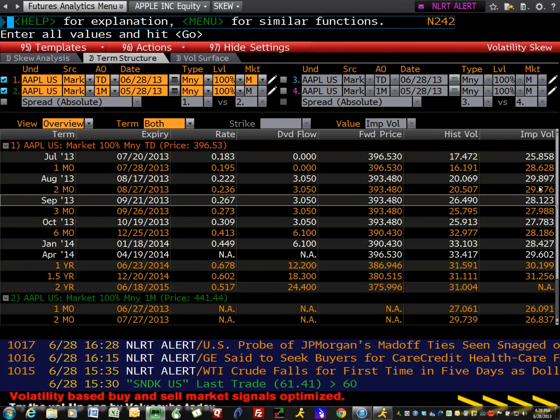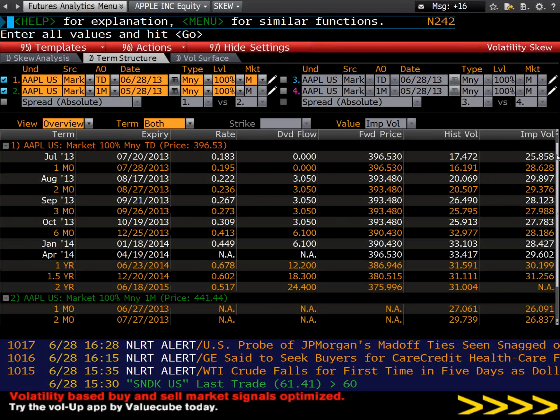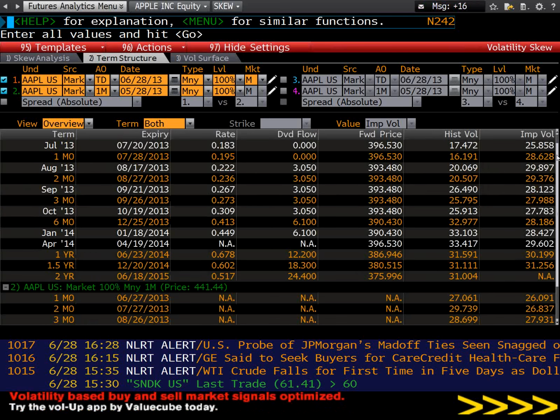Okay, so hopefully everybody can see here. This pertains again to Apple. What you have here in the first column under historical volatility is the actual swings, annualized, that the stock has had over a 1-month period, a 2-month period, and so on.